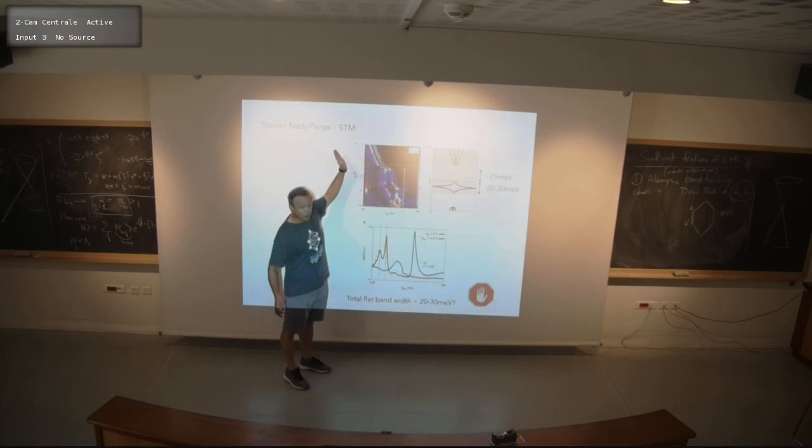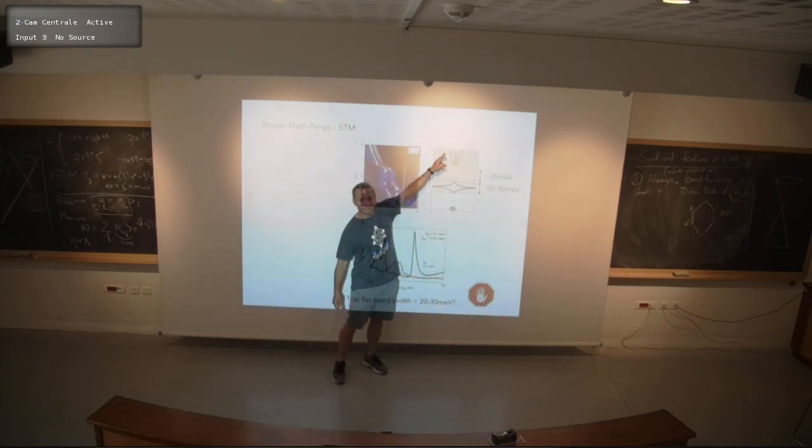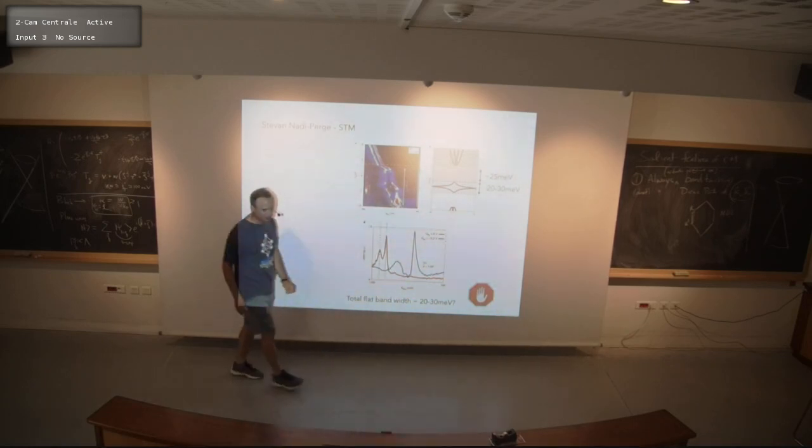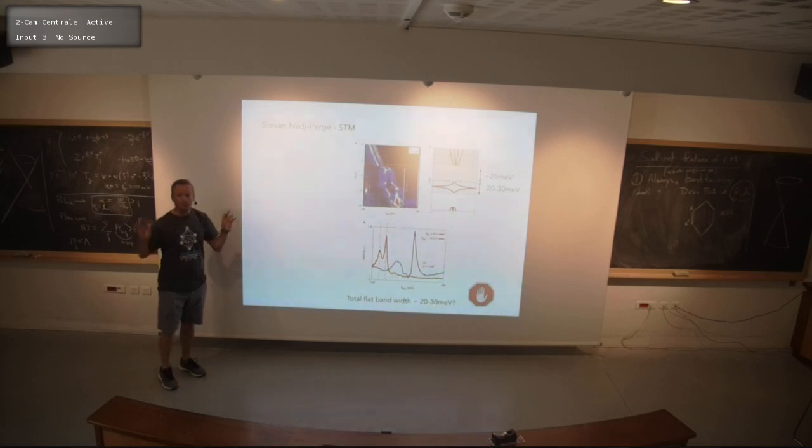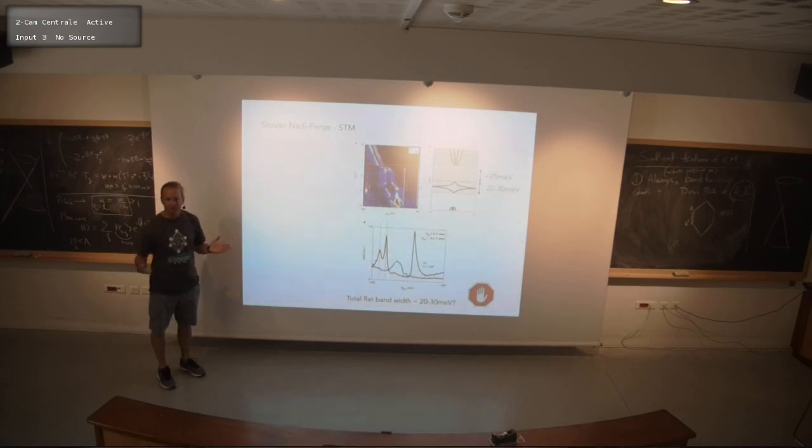Now, it may seem a little weird, especially to the students. Why would I go to this very high bias voltage, gate voltage, to bring my Fermi level really far from the flat bands to measure their width? Okay. So the reason is what we would like to have is a measure of the bare width of the bands without interaction effects. This is a strongly interacting system. If we put the Fermi level inside the flat bands, the thing we measure with the STM is no longer the single particle density of states. It's not the band theory density of states.